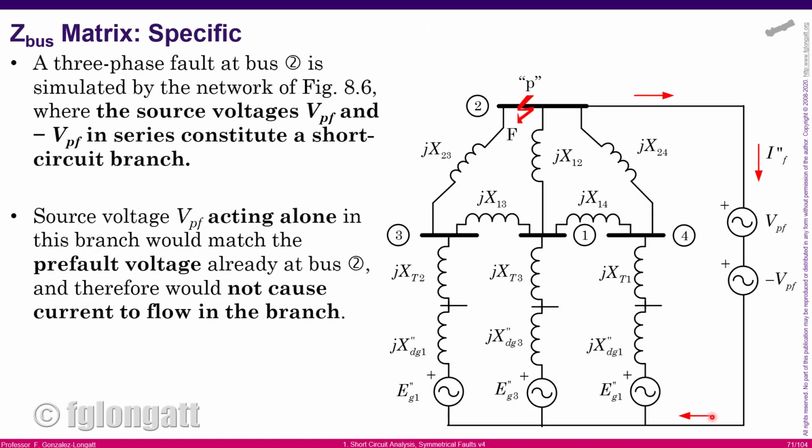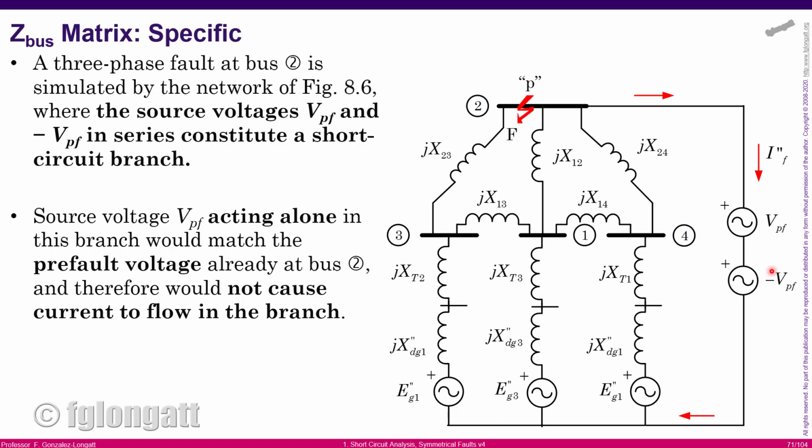I believe all of you must remember this situation, where one voltage source represents the voltage previous to the fault at the fault point, and the fault condition, or the short circuit currents, are created by this voltage source over there.